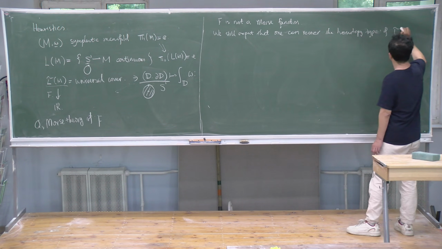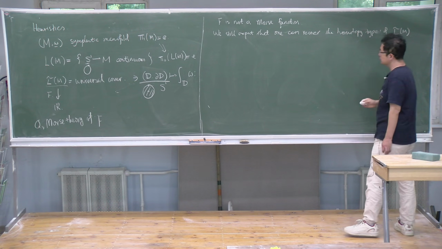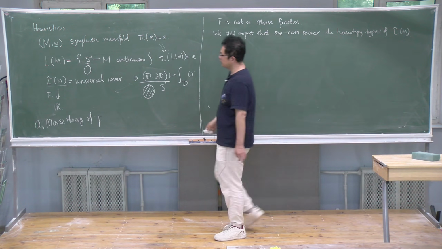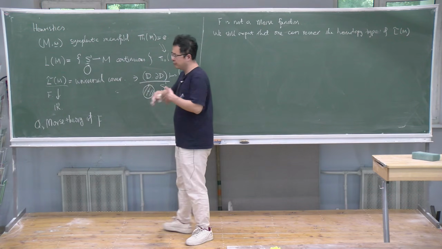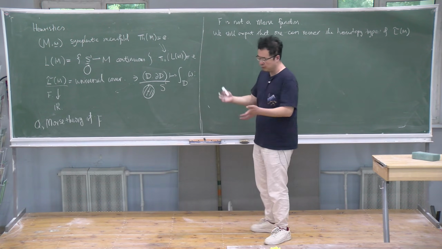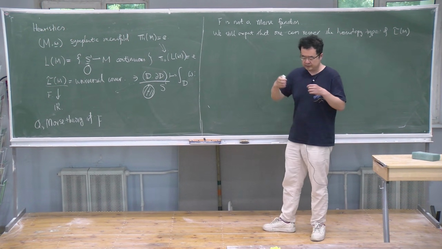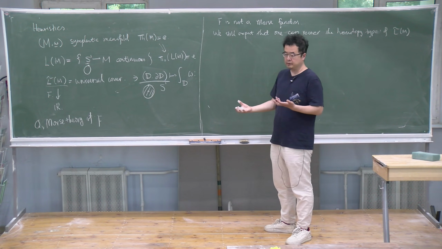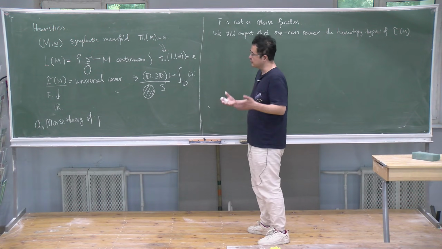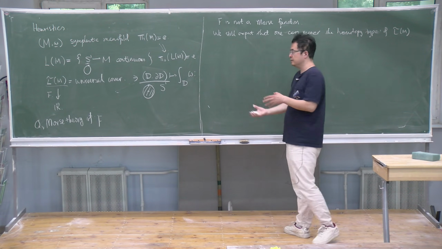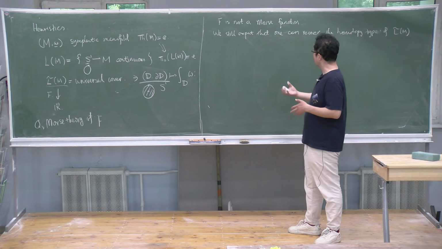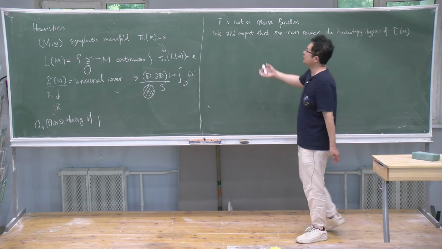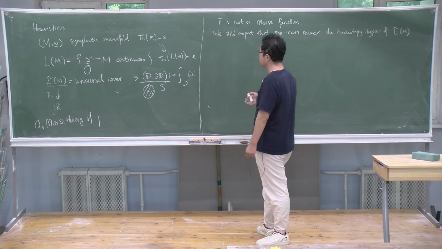When you have a finite dimensional manifold and a Morse function, you can hook up the critical points and flow lines and basically recover the manifold. But even if f is not a Morse function on a manifold, you can somehow still recover the homotopy type. And here we expect a similar thing in this case.